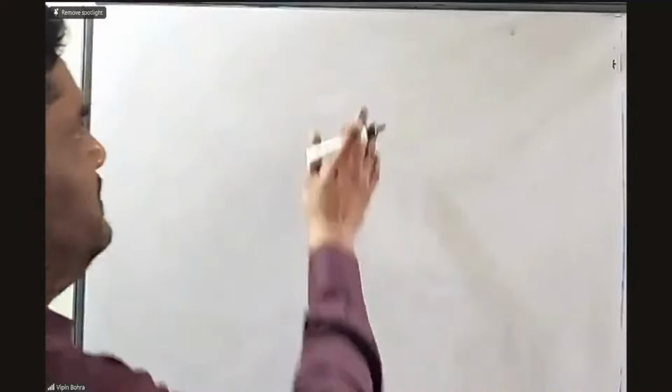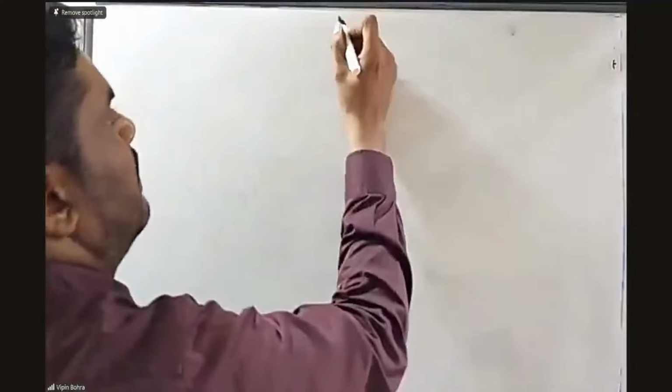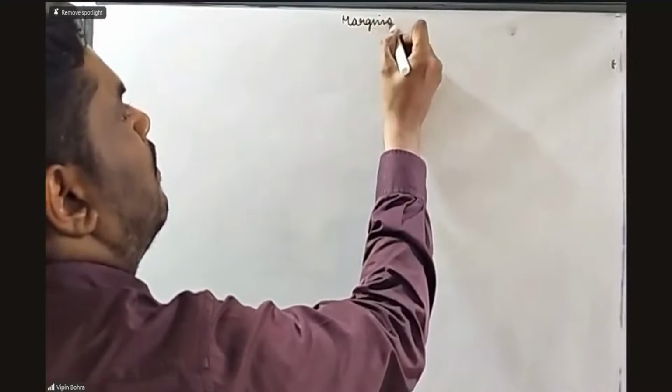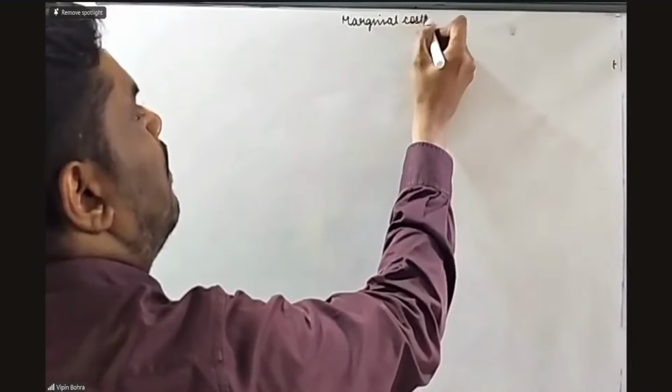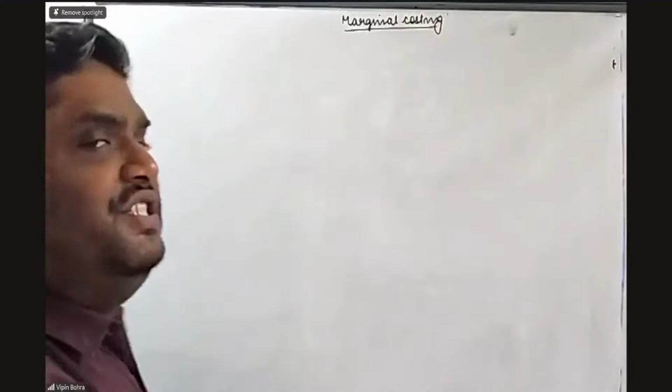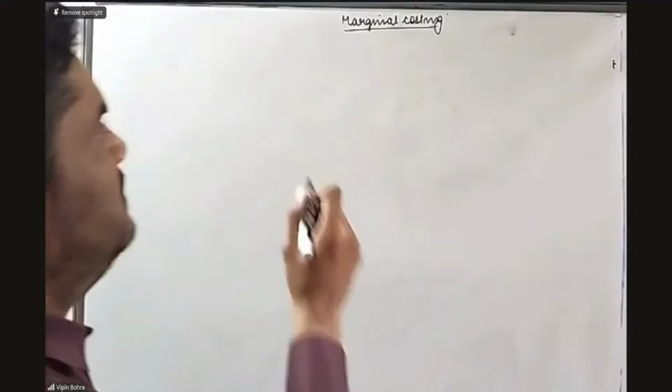So let's proceed further and let's start with this chapter, marginal costing. So we are done with the basic concepts. Now this chapter marginal costing is based on 5 terms.